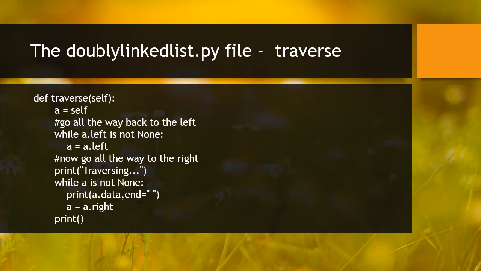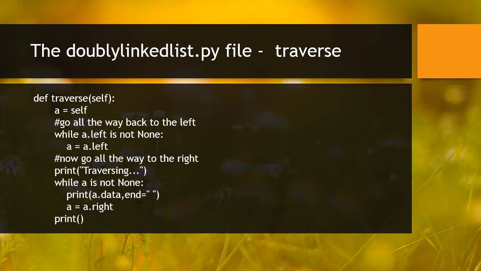Now we take a look at the traverse function for this class. What we want to do is print out the elements of the doubly linked list the way they are stored in the doubly linked list. For this reason, when we are given the self pointer, we move it all the way to the extreme left and then we start reading the nodes until we get to the extreme right.